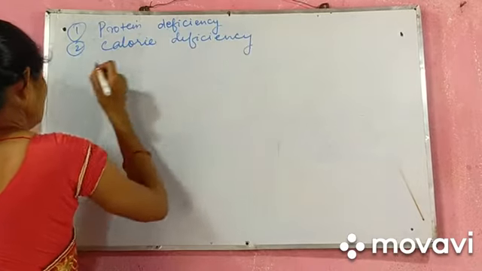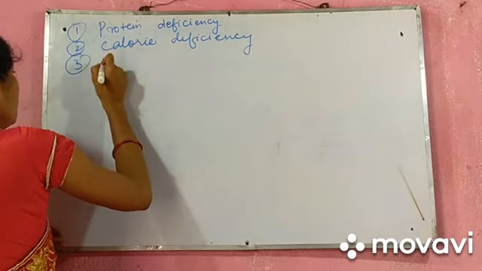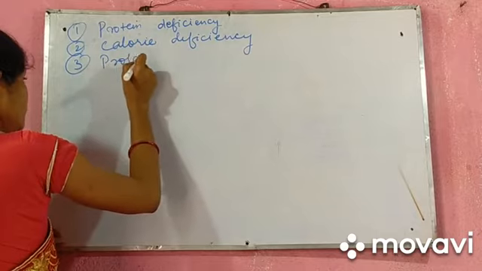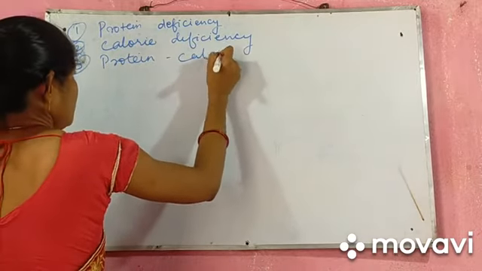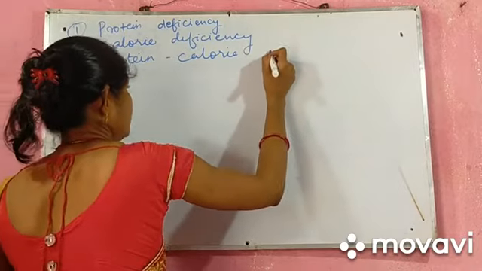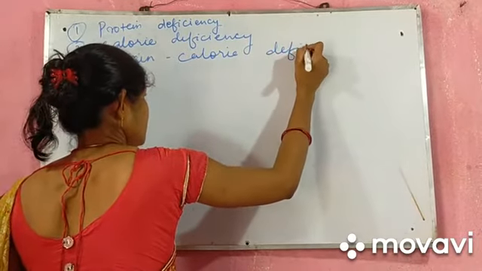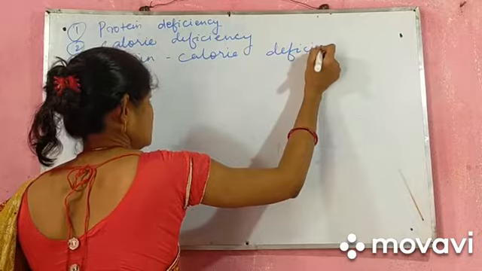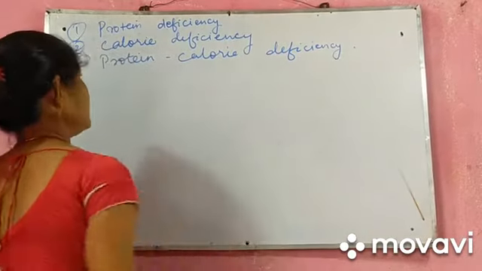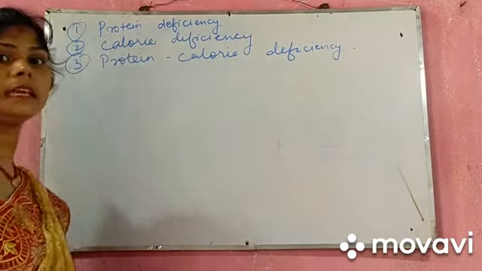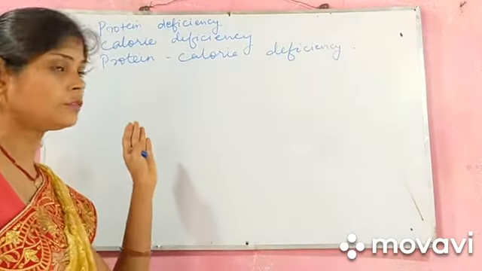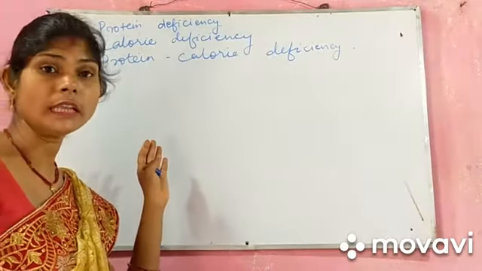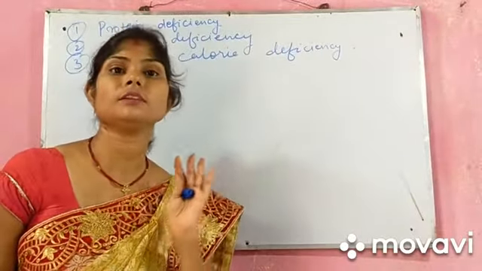And the last one is protein calorie deficiency. These are the major 3 types of deficiency which the children of poor Indian families suffer from.